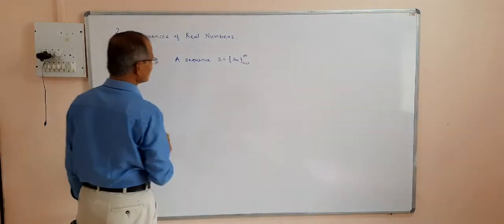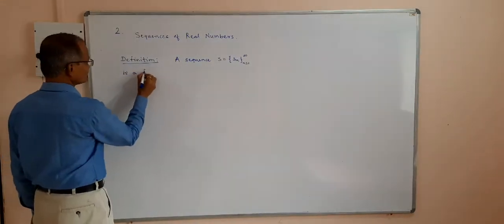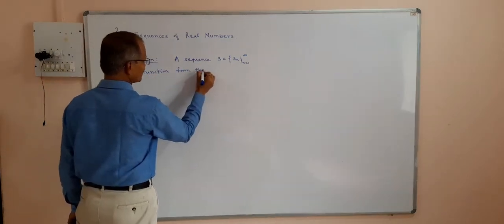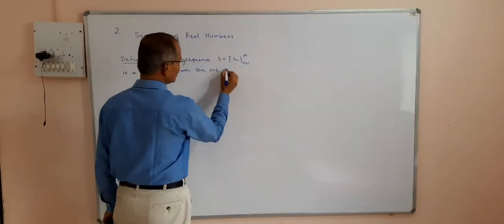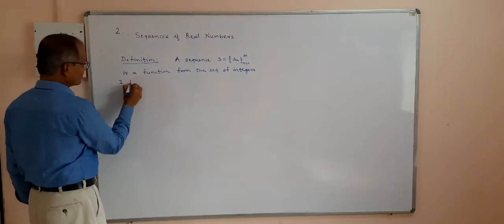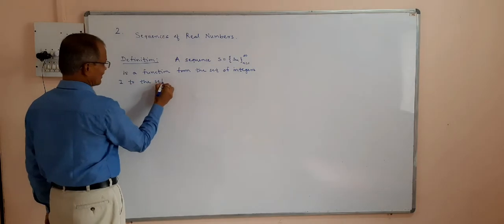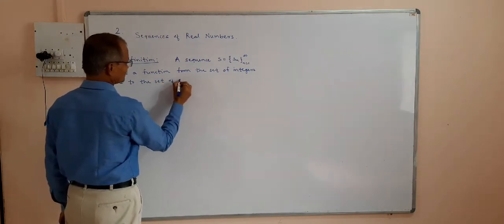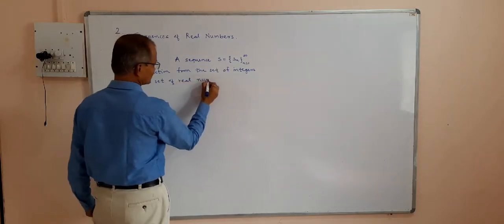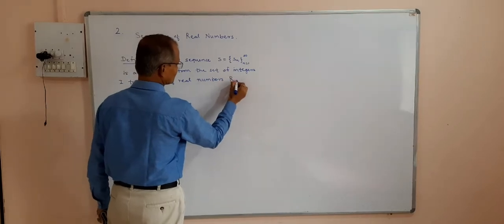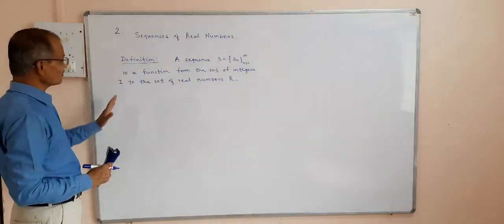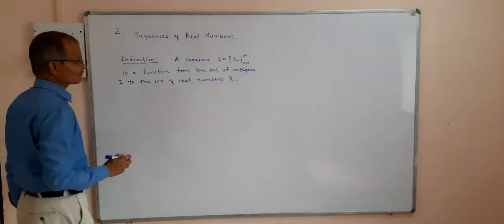Sn, n from 1 to infinity, is a function from the set of integers I to the set of real numbers, which is denoted by R. The sequence we have denoted by S is equal to Sn. So it is a function from the set of integers to the set of real numbers.